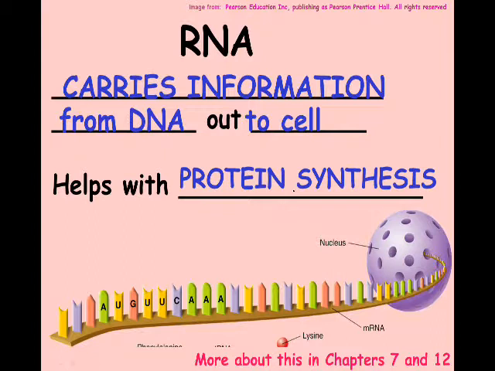Remember, synthesis means to make or build. So one of the ways that the information moves from the DNA out to the cell is by telling the cell how to make a protein that's going to do something in the cell. And RNA helps with that transfer of information from the DNA out to the cell to make proteins and allow the cell to do things.